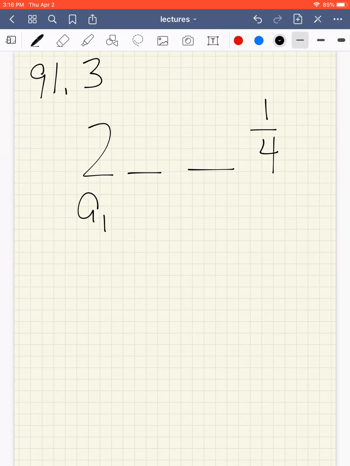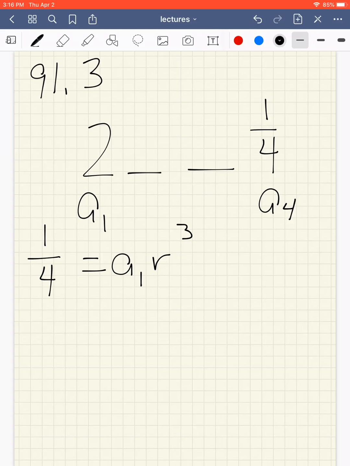Okay, so the next one says, find two geometric means between 2 and 1/4. So this is A1, A2, A3, A4. And the formula for A4 is A1 r to the third. And we know that's equal to 1/4.